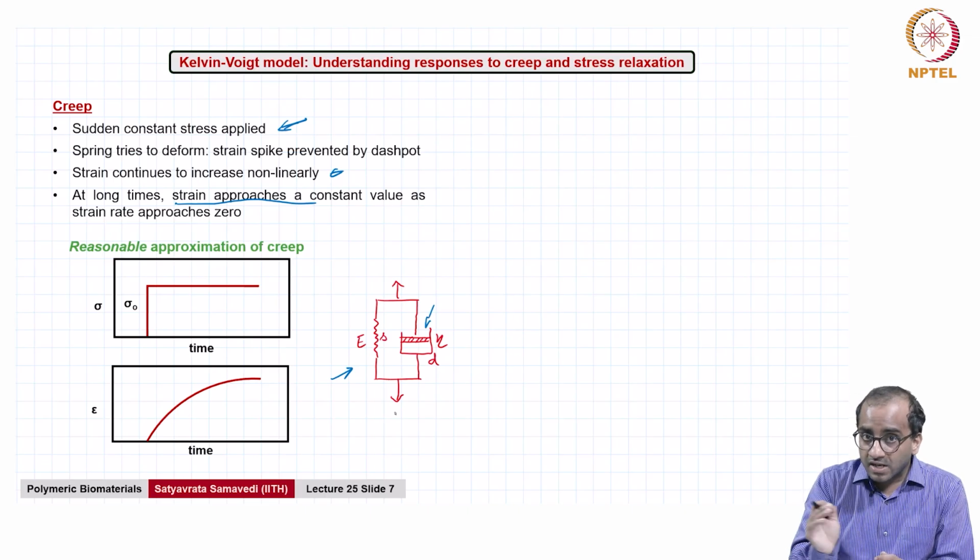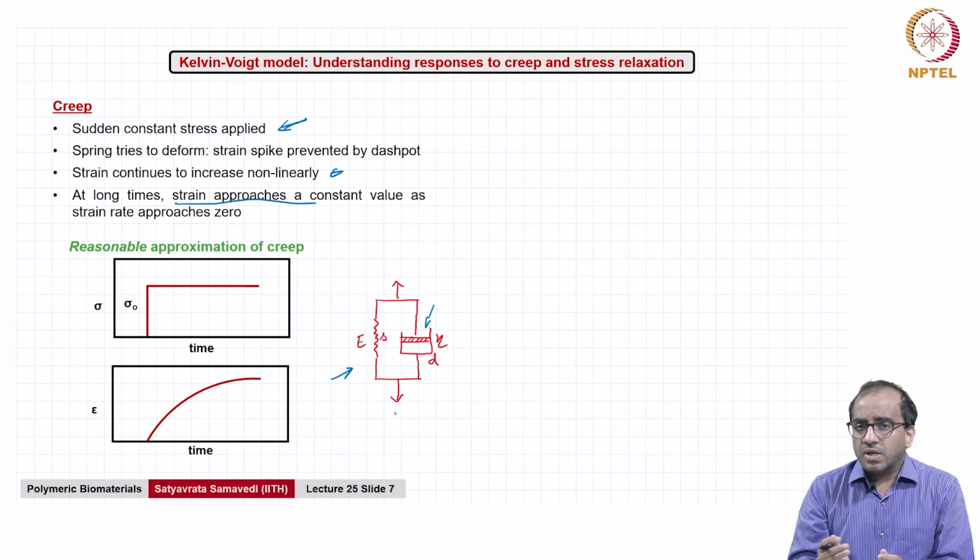So, the deformation can keep continuing, but at a very, very, very small rate without actually reaching a plateau. So, again those differences aside, we still say that the Kelvin-Voigt model is able to predict creep quite well.